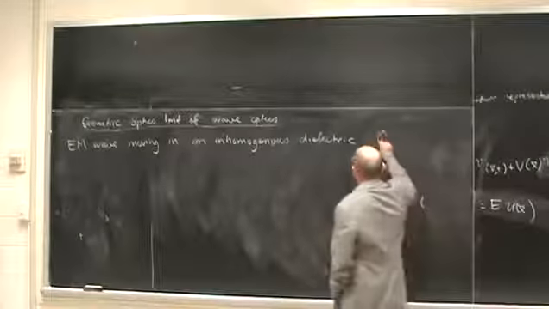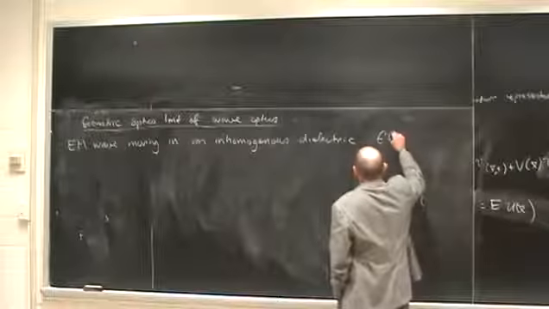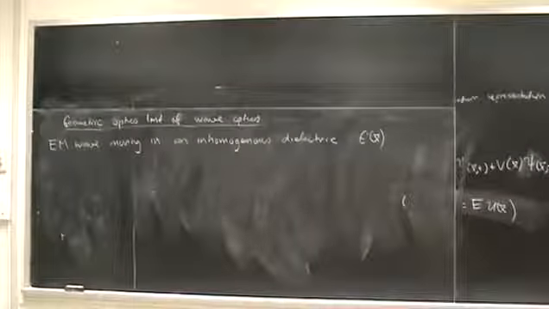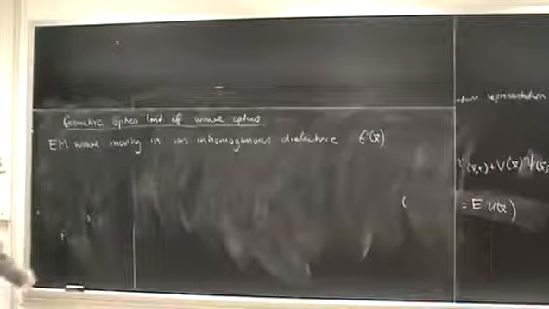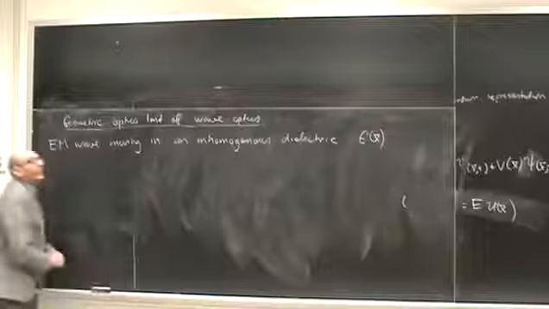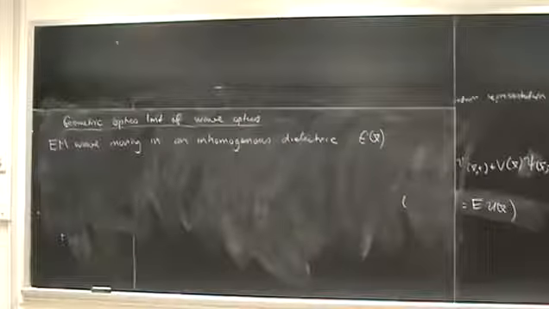So let's say I have a dielectric that's a function of position. And I want to know what is the wave equation that describes this.